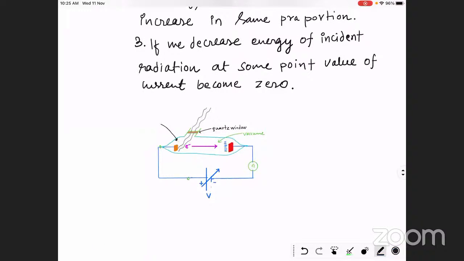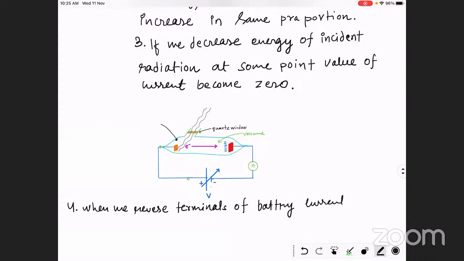Right, fourth observation. When we reverse the terminals of the battery, current is reduced. There is no doubt. Am I right? Current will be reduced.